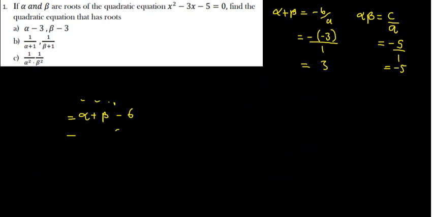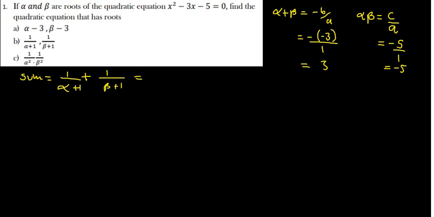And then in the same way with the next one, we are going to find the sum and the product. The sum is going to be 1 over alpha plus 1 plus the other root we've been given, 1 over beta plus 1. When we are adding fractions, you multiply what is down with what is on top of the first one.